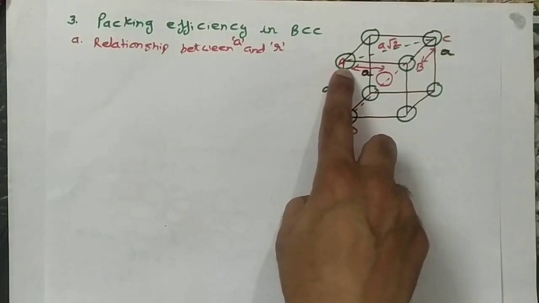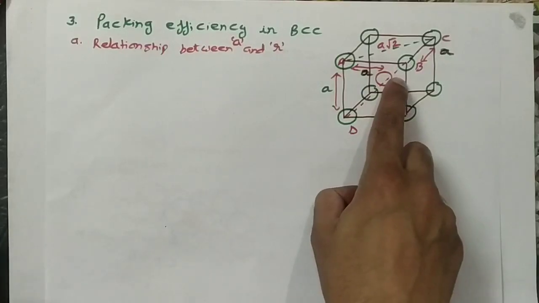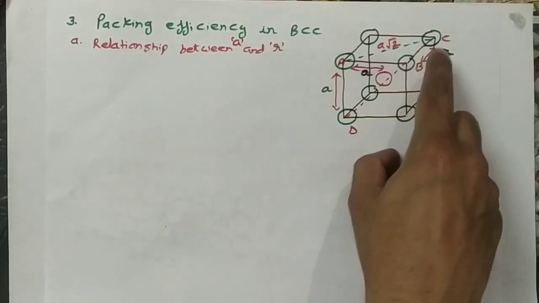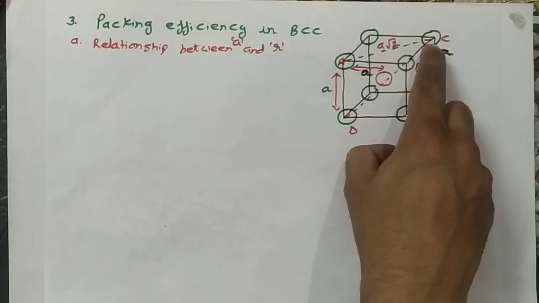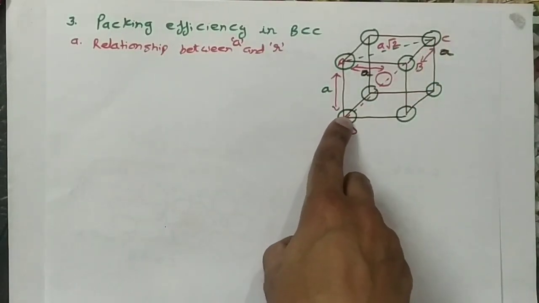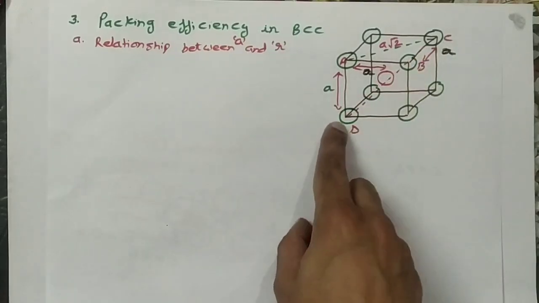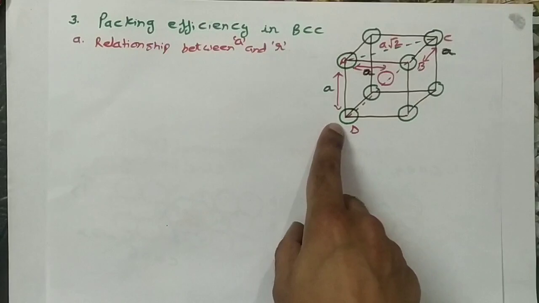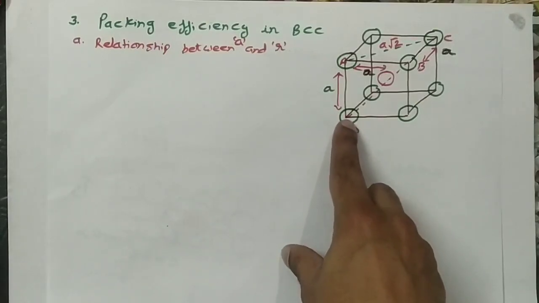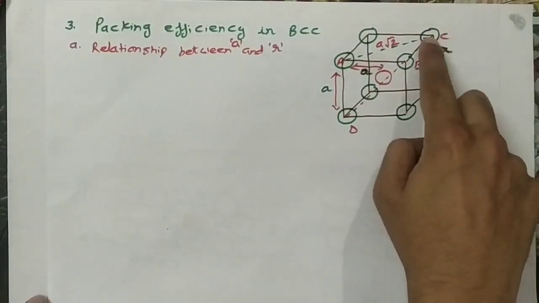A is left front corner of your ceiling, B is right front corner of ceiling, C is right side back corner of ceiling. D is diagonally opposite point to C, that is the left corner of back side of the floor. That is D.